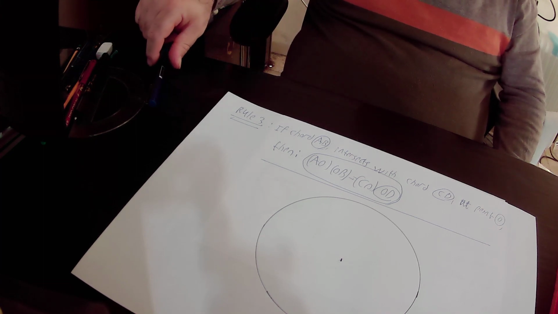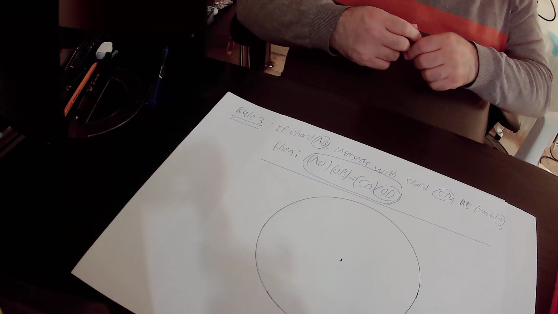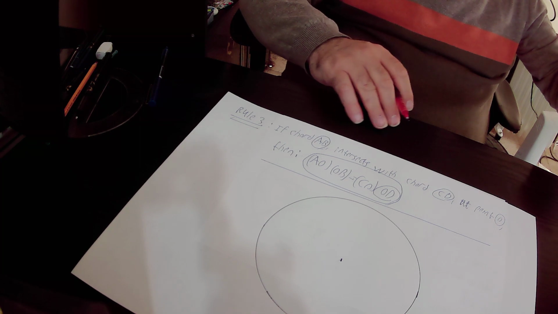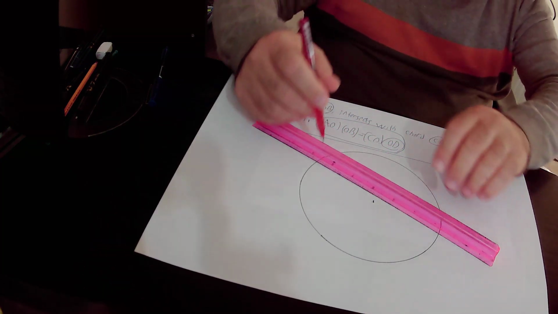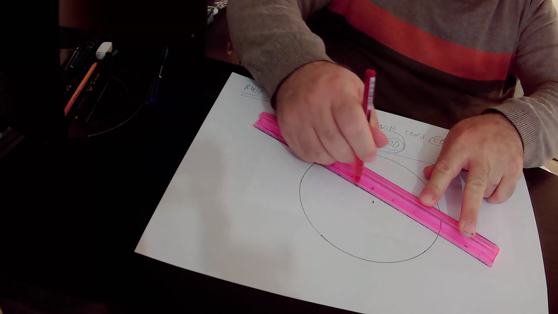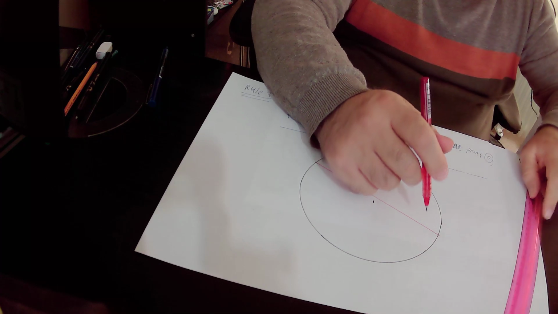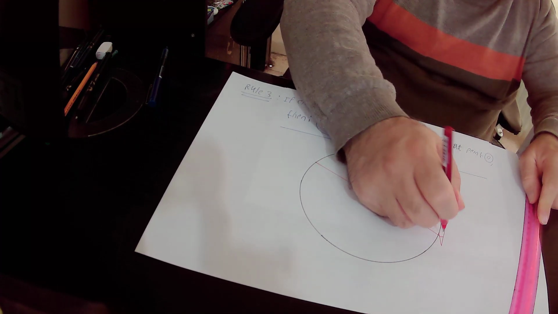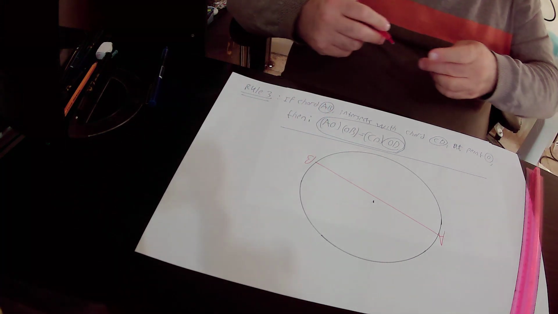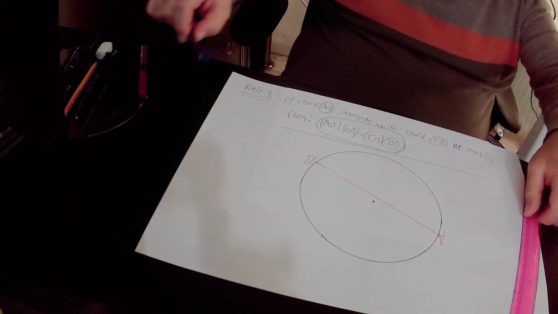So what is the meaning of rule number 3? The meaning of rule number 3 is that if we have chord AB, this is chord AB inside the circle, that intersects with chord CD.